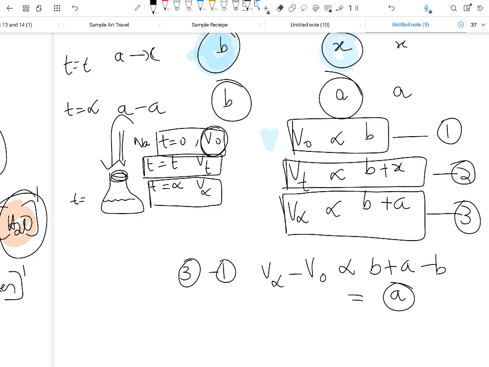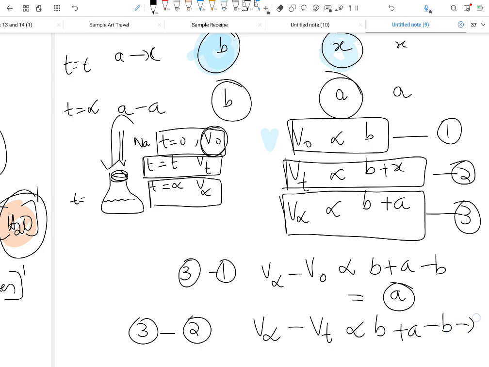I got the A. To get A minus X, I am doing 3 minus 2, which will be V infinity minus Vt, directly proportional to B plus A minus B minus X. Correct, because when the bracket B plus X is opened, it becomes B minus X, right?